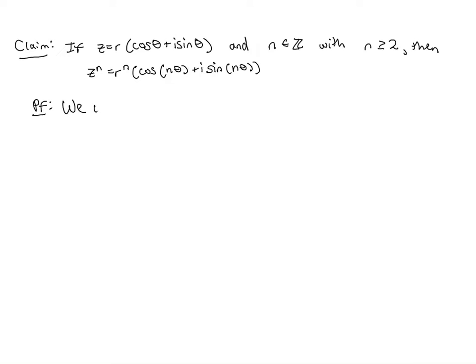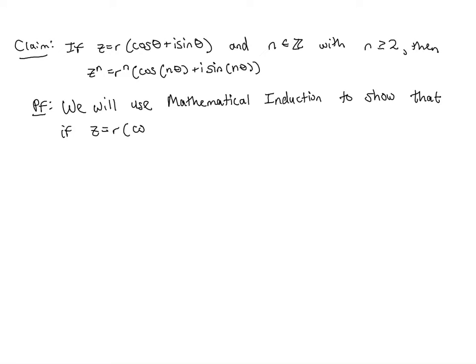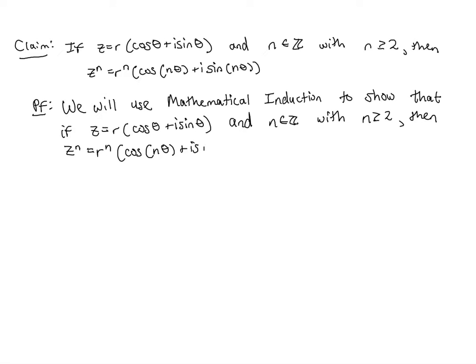So I'm going to say that we will use mathematical induction to show that if z equals r times the quantity cosine theta plus i sine theta, and n is an integer with n greater than or equal to 2, then z to the n equals r to the n cosine n theta plus i sine of n theta. So that's what we're trying to prove.